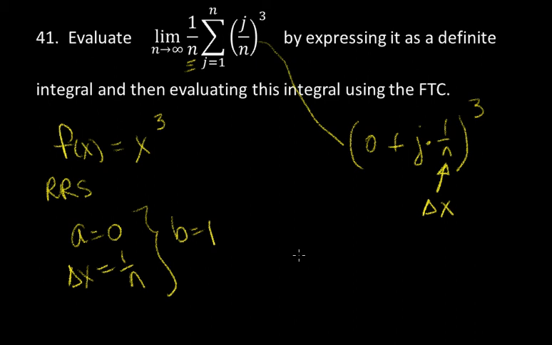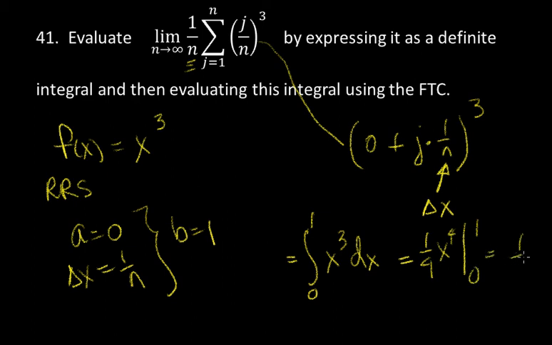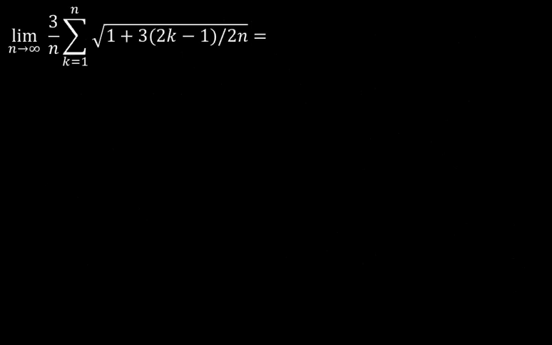So I will evaluate this limit by saying this limit is equal to the integral from 0 to 1 of x cubed dx, which is, well, 1/4. X to the 4th over 4, evaluated from 0 to 1, gives us 1/4. We took this limit. The limit of that complicated looking sum is simply 1/4, because we could evaluate it as a definite integral.